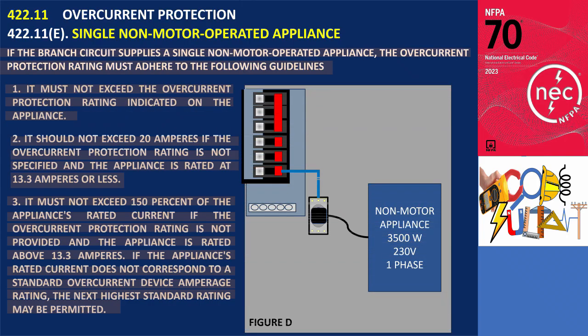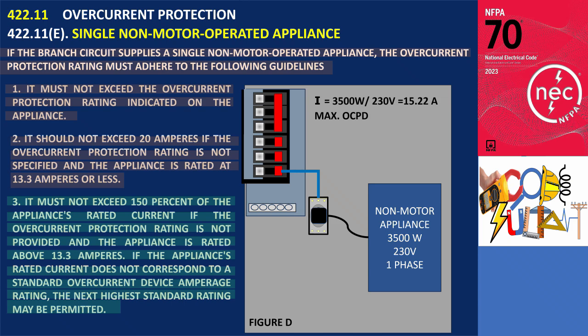Lastly, consider a non-single motor appliance rated at 3500 watts and 230 volts. The rated current is calculated by dividing 3500 watts by 230 volts, yielding approximately 15.22 amperes. Since this rating exceeds 13.3 amperes and the overcurrent protection rating is not provided, we apply guideline number 3, which states it must not exceed 150% of the appliance's rated current.